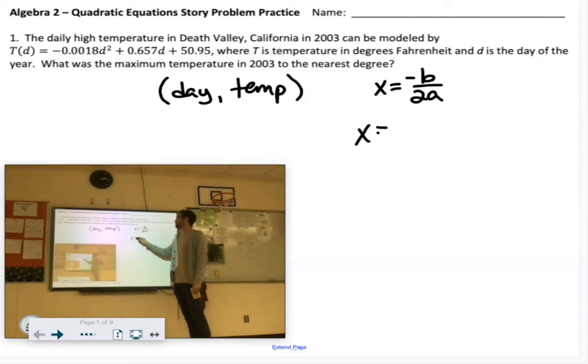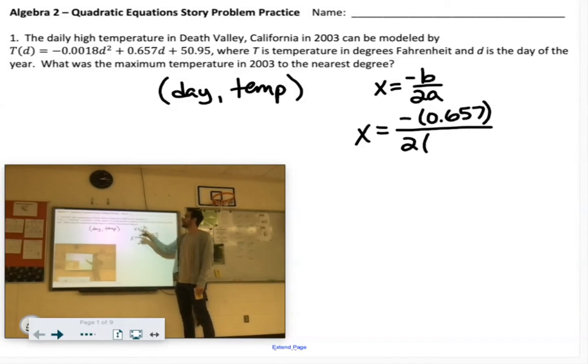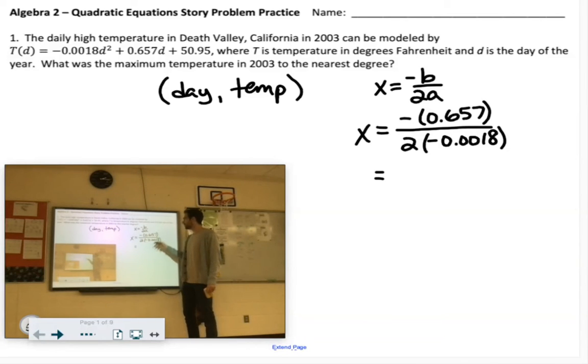So if we're looking at this problem, opposite of B, B is this 0.657, over 2 times A, and A is that negative 0.0018. So if we clean up that stuff, we have the opposite of 0.657, that's negative 0.657.